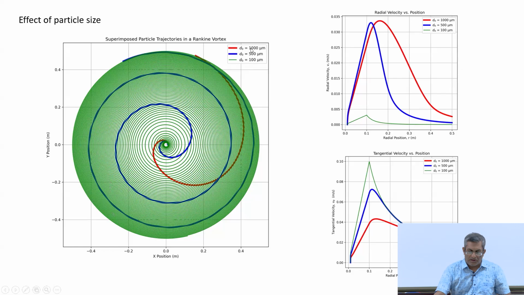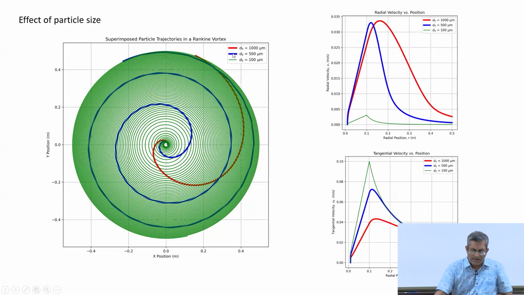If we have a 1000 micron particle, you see how it behaves. Okay, so this is unresponsive to the fluid motion. Obviously the fluid motion influences the particle trajectory, but the response is not good. So that is why you see this trajectory.